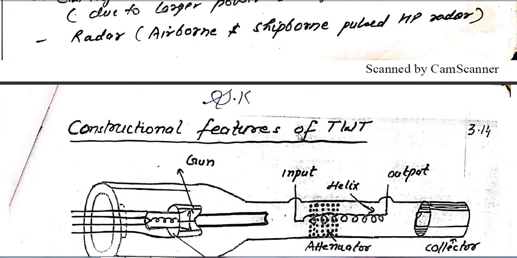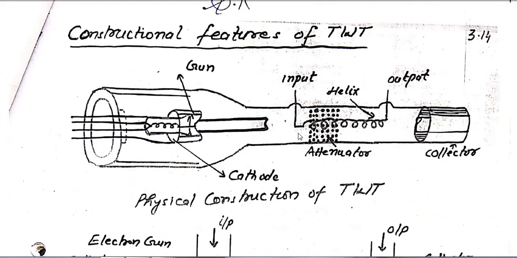Now we are going to see the construction features of the TWT, as shown in this diagram. The physical construction of a typical TWT is shown here. It has an electron gun, as used in a Klystron, which is used to produce a narrow constant velocity electron beam.